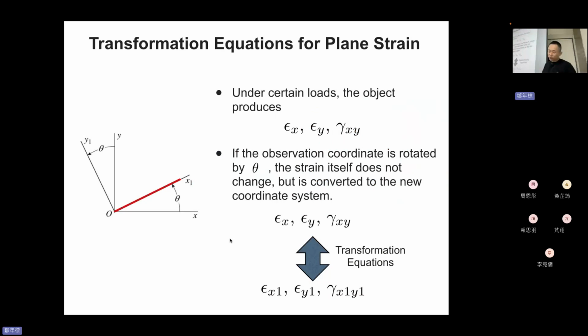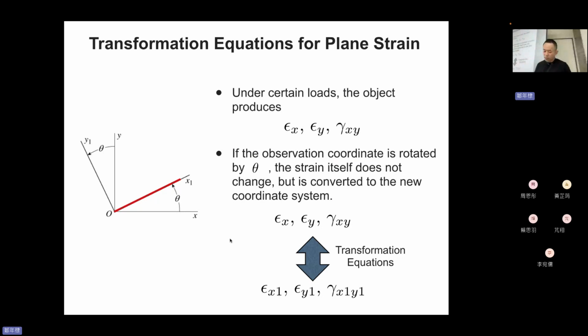And then we want to find the inclined section, x1, tilted with theta angle. So we want to observe coordinates rotated by theta. The strain state itself doesn't change, right?